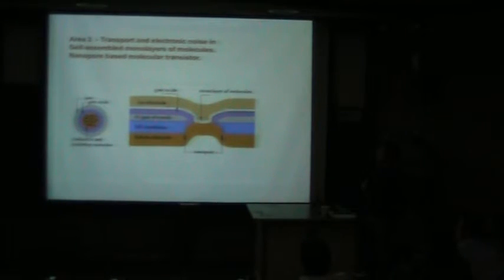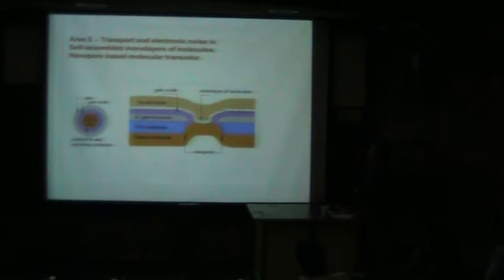One of the methods to look at this is detecting the noise spectrum, because the noise spectrum may contain information about the defects in the system. So that's one part of this project. The other is again related to a problem in this field, because people can easily make, let's say, diodes from these molecules.